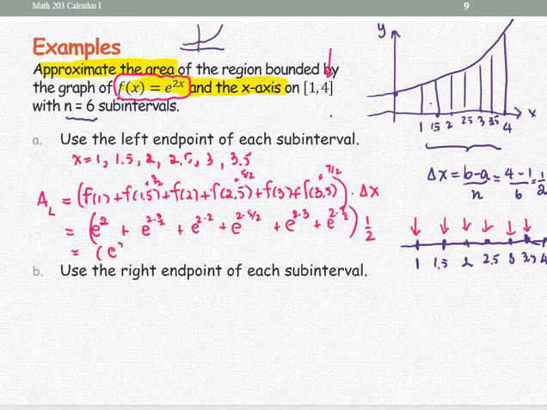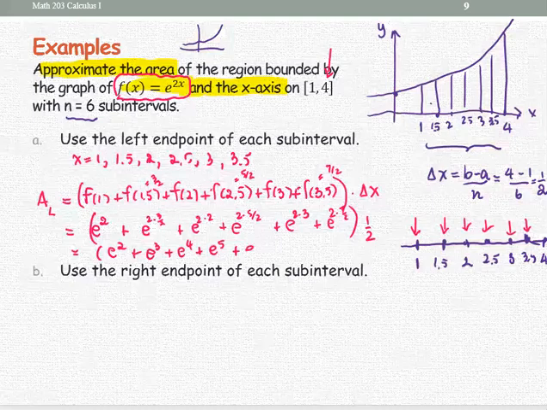If you simplify a little bit, it's going to be e to the second plus e to the third plus e to the fourth plus e to the fifth plus e to the sixth, plus e to the 6 plus e to the 7, and multiply by 1 over 2.